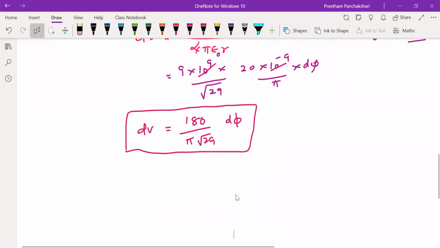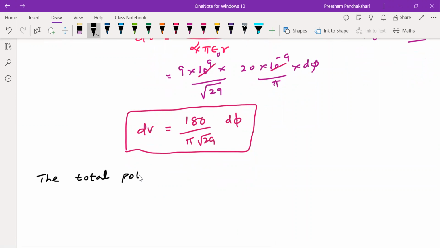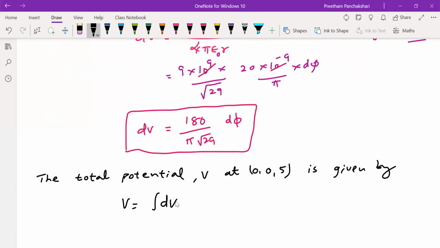Now to find the total potential, the total potential V at (0, 0, 5) is given by the integration of dV.